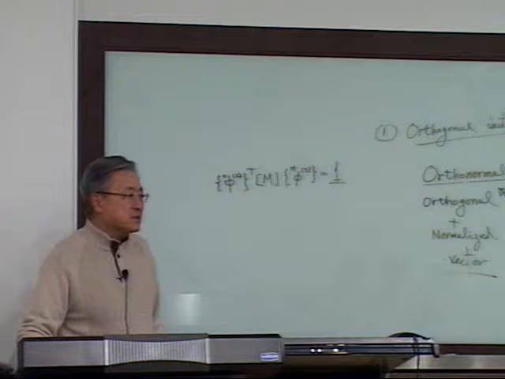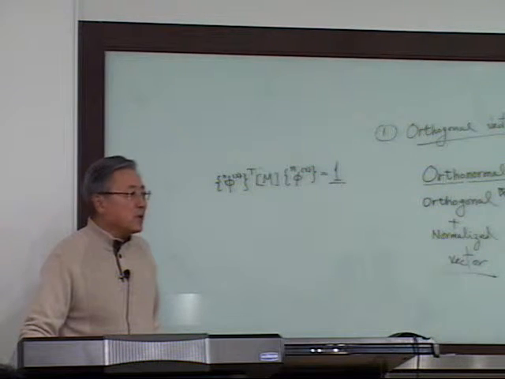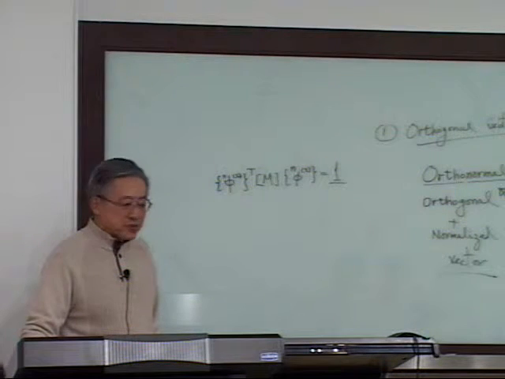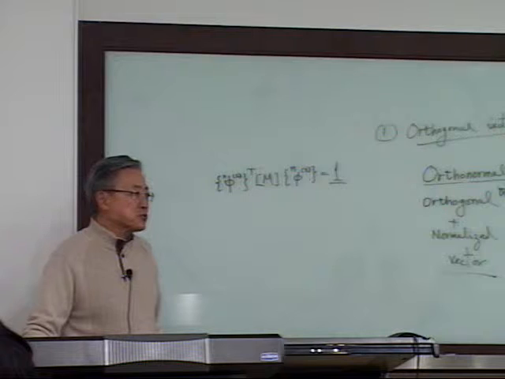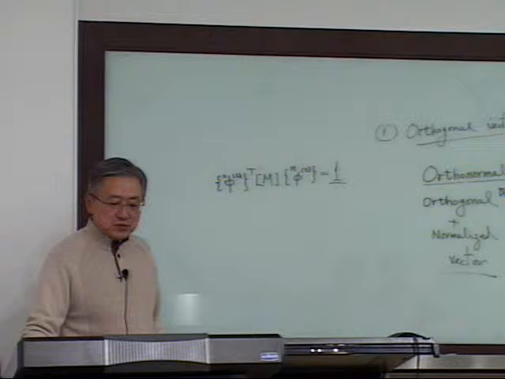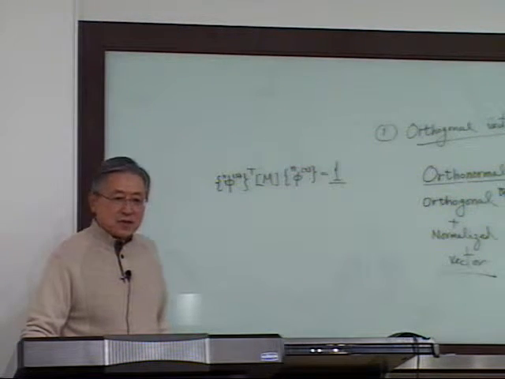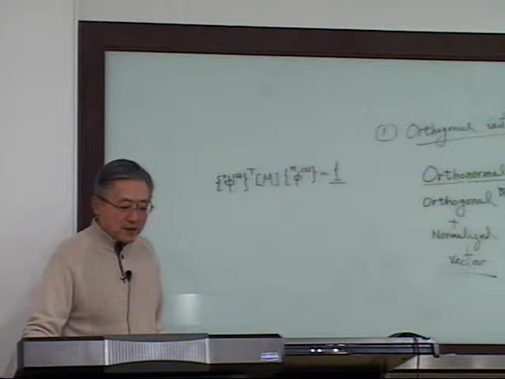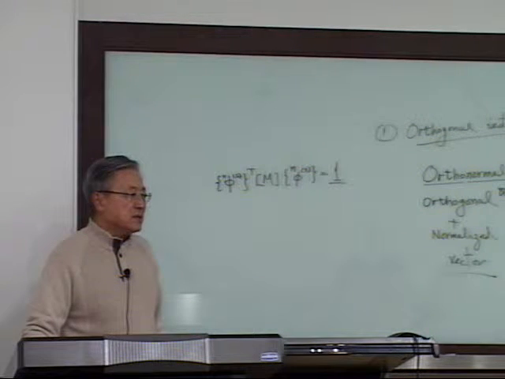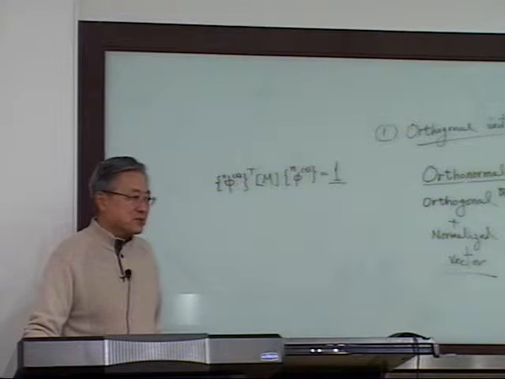If this phi is normalized, the orthonormal eigenmatrix, then what matrix should this be? The identity matrix. If this is orthogonal and normalized, called the orthonormal eigenmatrix, then this is equal to the identity matrix, a square matrix.